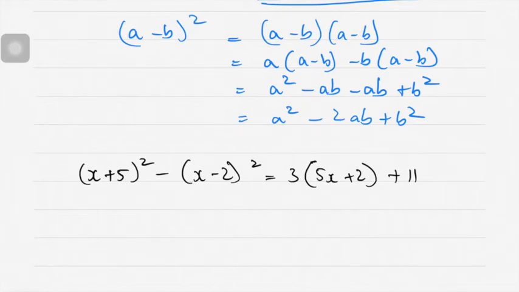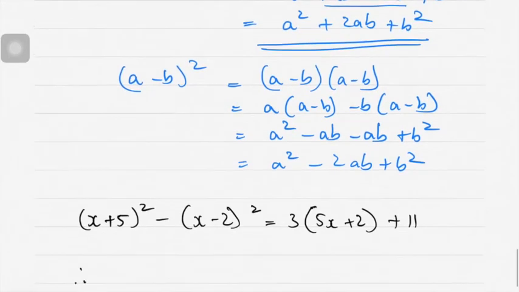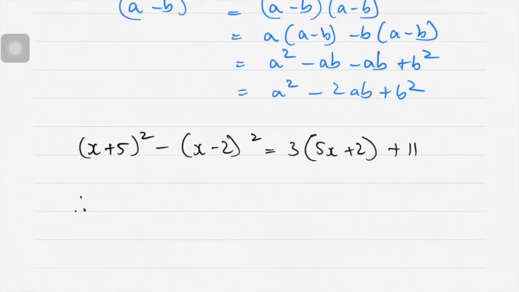Okay, how can you write that? So therefore I'll use this formula. So I can write that (x + 5)² is equal to x² + 2 into x into 5, because it is 2ab, right?